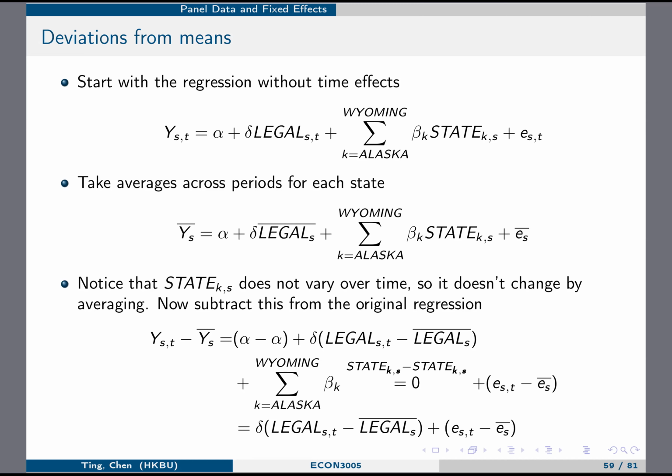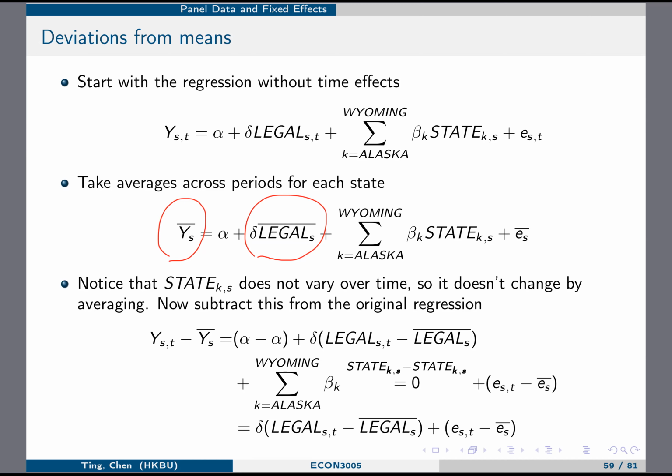The mean of the mortality rate over different years for each state, and then the regressor will be the proportion of legally drinking youngsters in each state over all the 40 years.